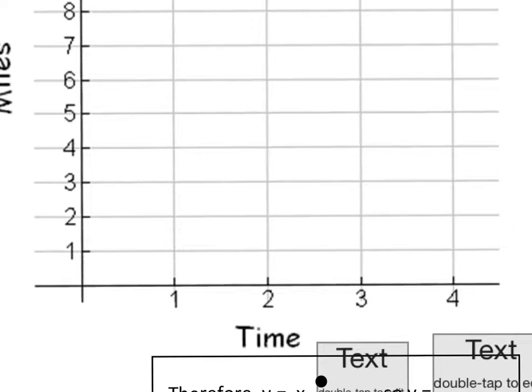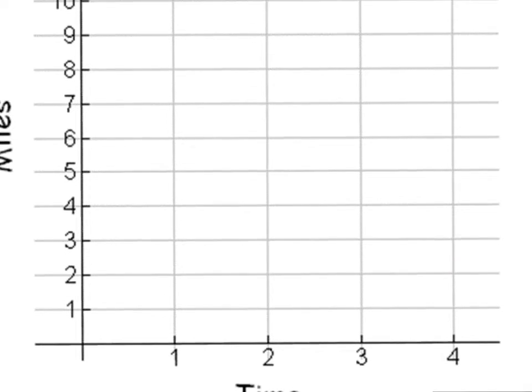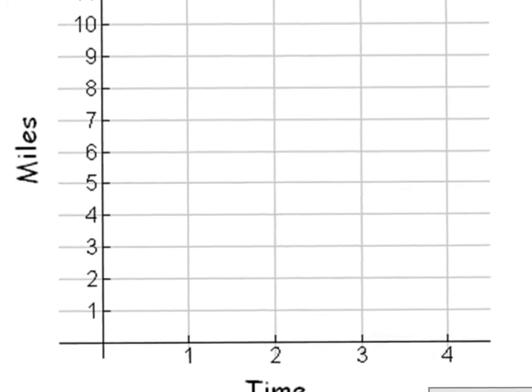Now the first one says after 4 hours she rode 12 miles. So using our graph, we can put a dot where 4 hours, notice that time's on the x-axis and miles is on the y, where 12 and 4 intersect, we can place a dot.